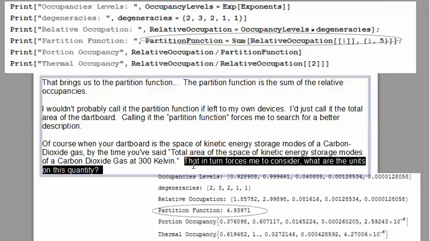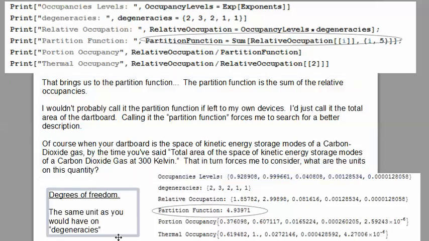That in turn forces me to consider what are the units on this quantity, and I think the answer is degrees of freedom. This is the same unit you would have on the degeneracies, because there's 2 rotational degrees of freedom, 3 translational degrees of freedom, 2 bending mode degrees of freedom, 1 asymmetric stretch degree of freedom, and 1 symmetric stretch degree of freedom.